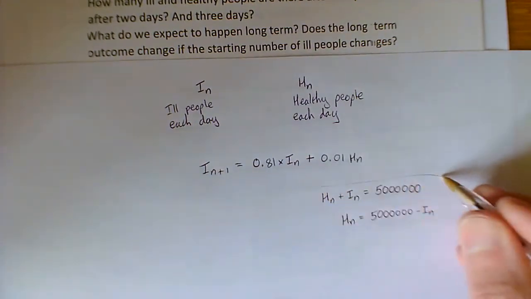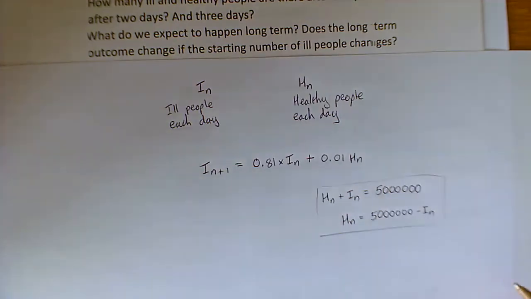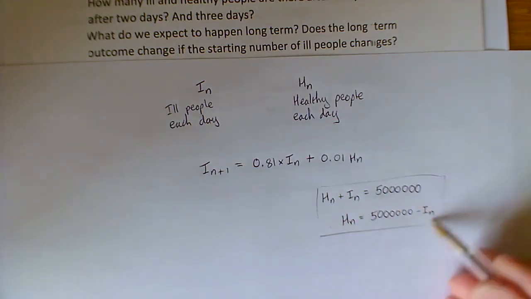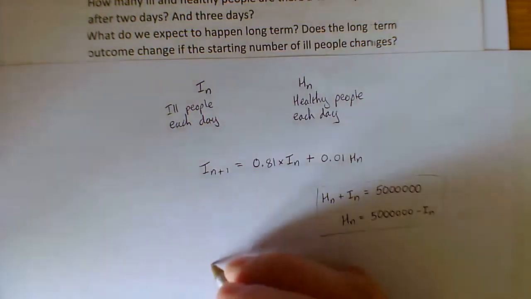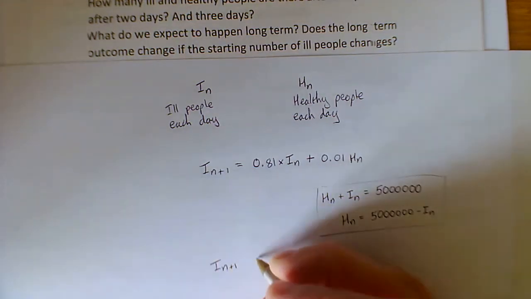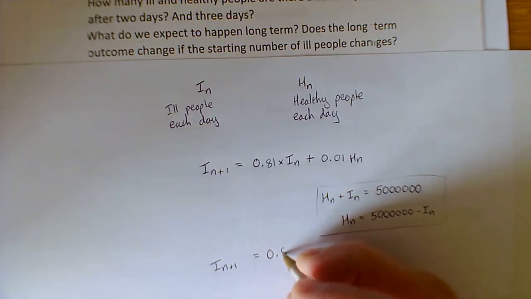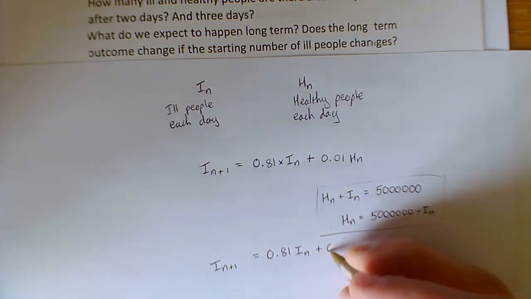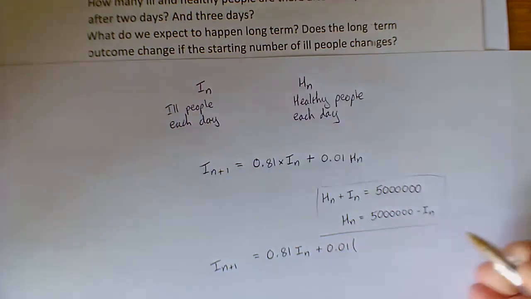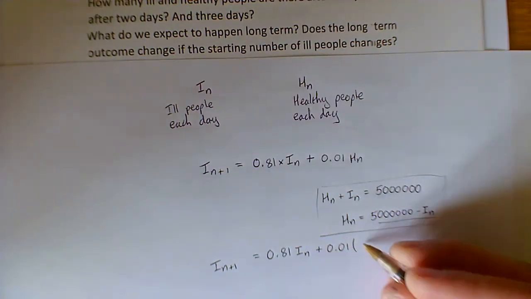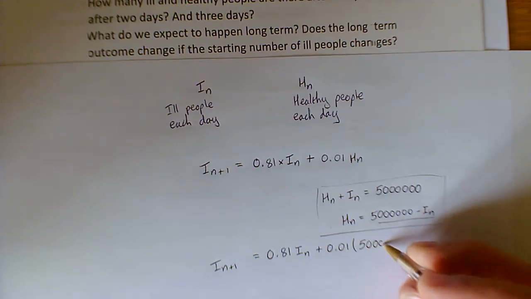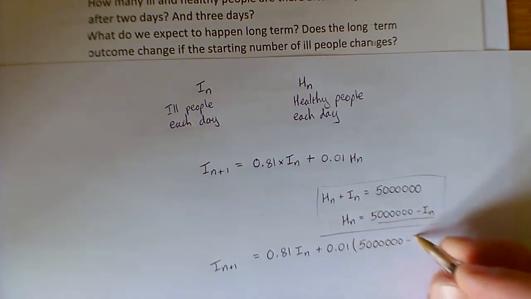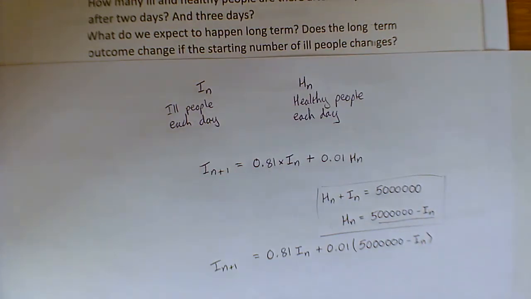Now, you'll see this is similar to what we did a little while ago in the second set of examples in task 1. We're going to plug this bit here in instead of our HN. So we end up with IN plus 1 equals 0.81 IN plus 0.01 lots of, and instead of HN, we're putting this in. So we've got 5 million take away IN.